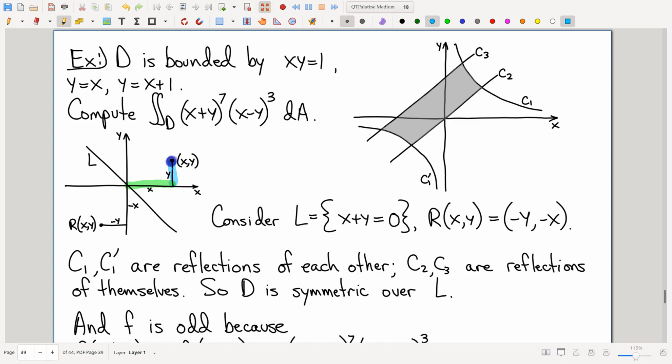Let's say we're going through our calculations and then we see it's not odd. So try a different line. It's not symmetric over that line. Let's just theoretically say there's just one line. Can we conclude that the integral is not equal to 0, or do we have to go through all of the conditions?